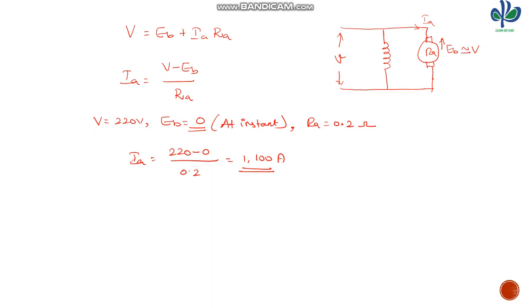So in order to reduce the current, a high resistance is added on the armature side. That high resistance is called a starter. For a DC shunt motor, we have to go for a 3-point starter.